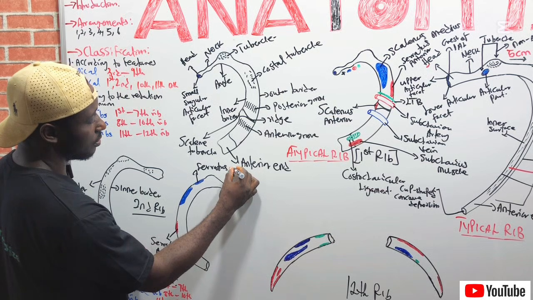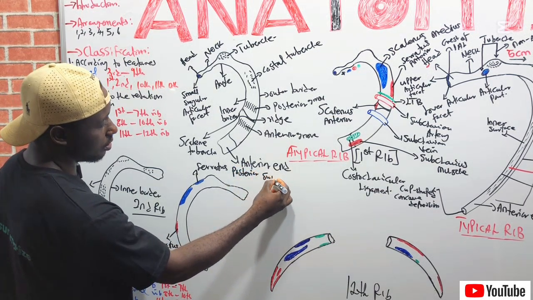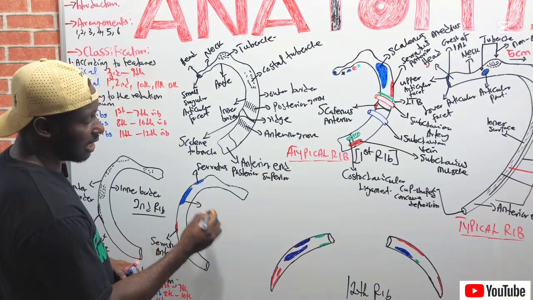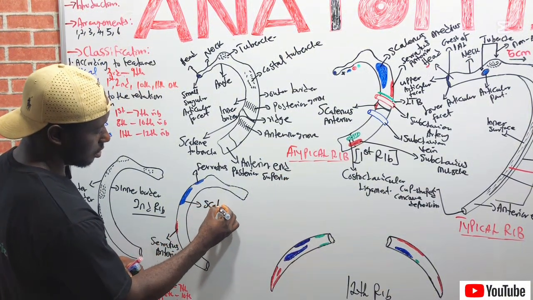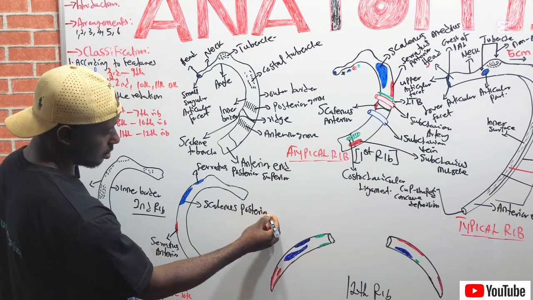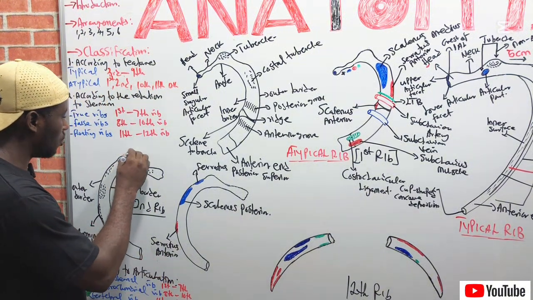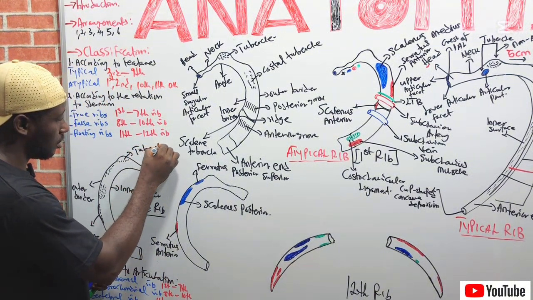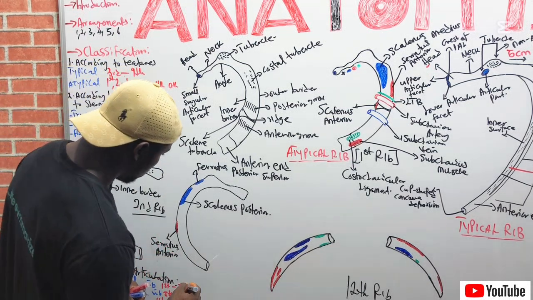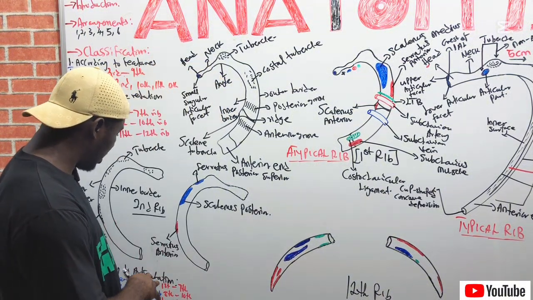This is the scalenus posterior. This is the tubercle. So we have done justice to the second rib.